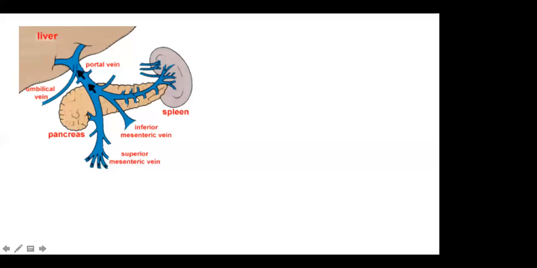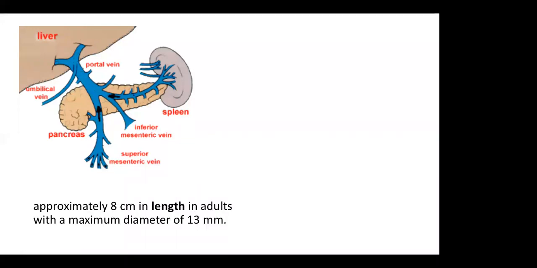As we know, the splenic vein joins the superior mesenteric vein behind the neck of the pancreas to form the portal vein, which is further divided into right portal vein and left portal vein. And the inferior mesenteric vein joins the splenic vein before forming the portal vein. And there are other tributaries, like the umbilical vein, that join the portal vein before bifurcation.